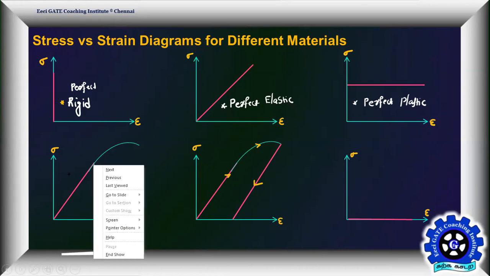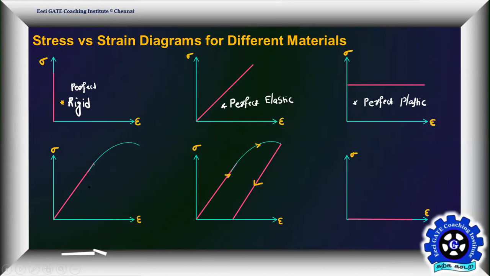Tell me, this diagram is drawn for what? Elastoplastic. Okay, perfect elastic and elastoplastic. Here it is also elastic and plastic. Elastoplastic, or elastic and plastic with unloading.